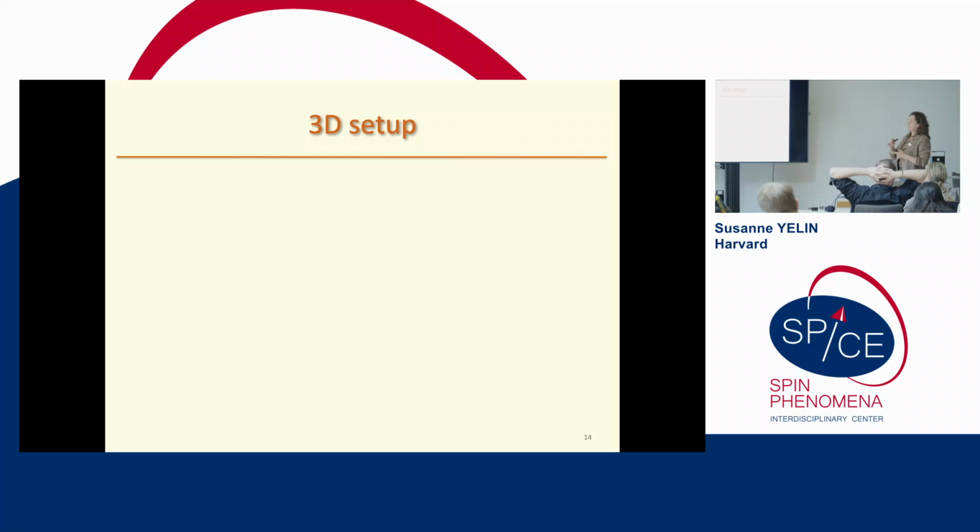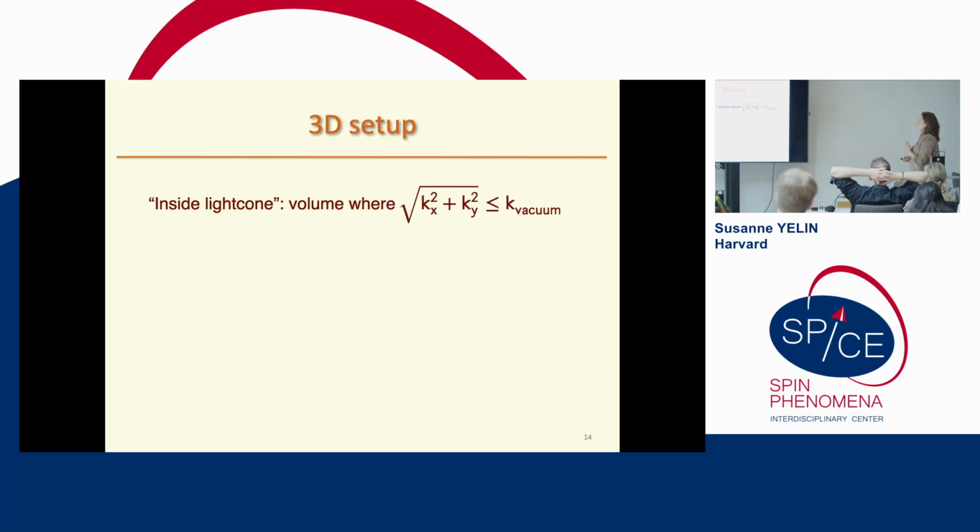The other thing is, let's look at the band structure of this. For this, I would just very briefly introduce what the light cone is, because otherwise I spend always extraordinary amounts of time explaining that without a slide. So the light cone is the parameter volume where, on the plane, the square root of kx squared plus ky squared is smaller than the k value that we get in vacuum.